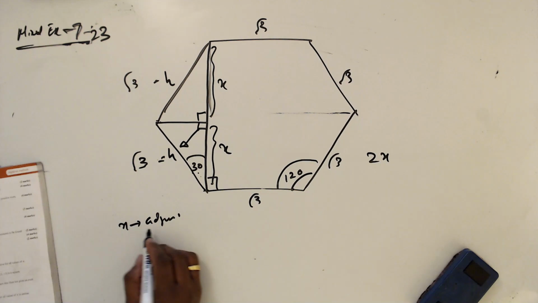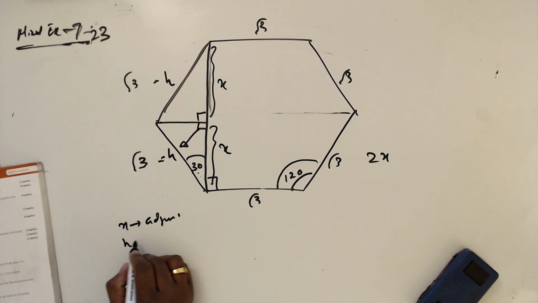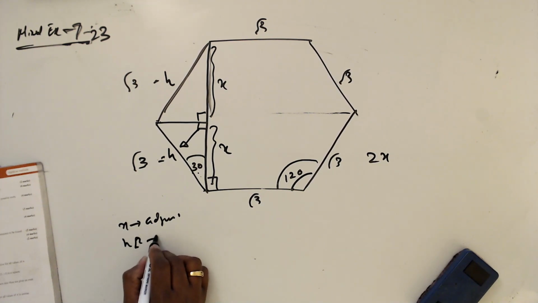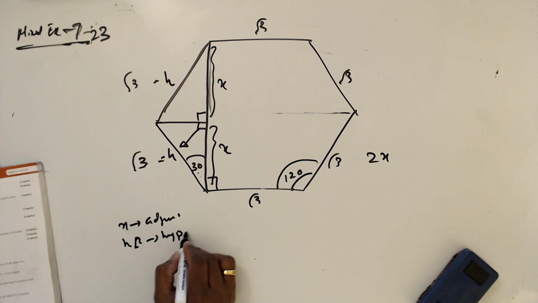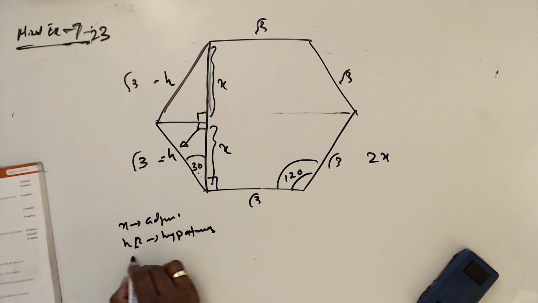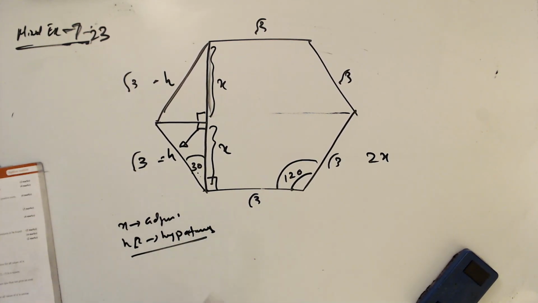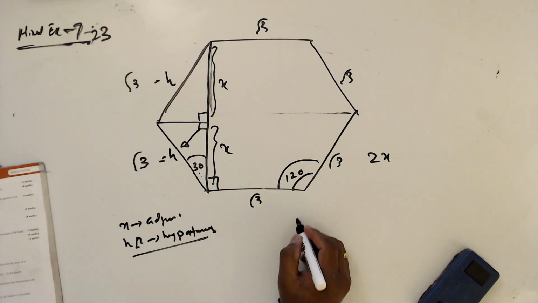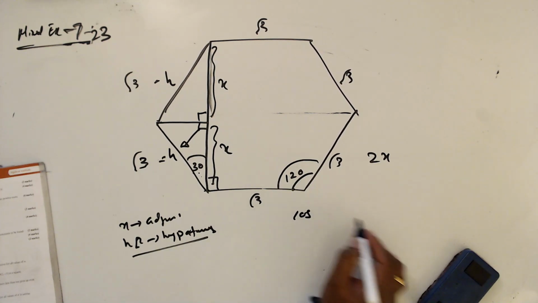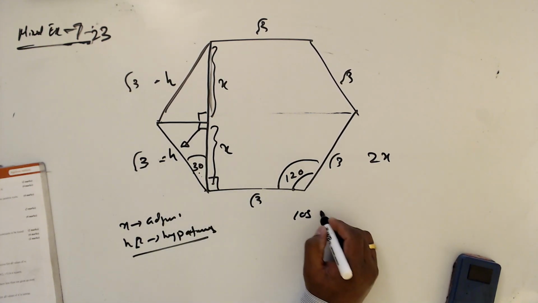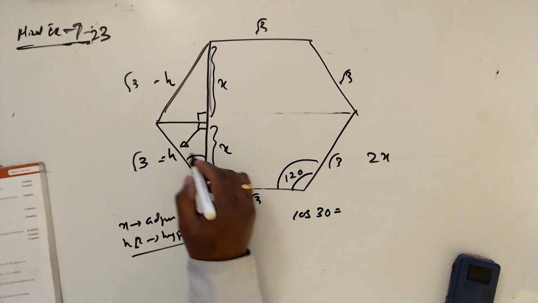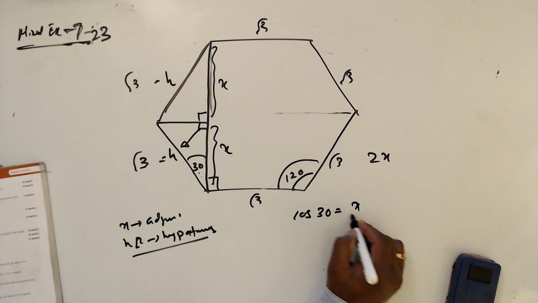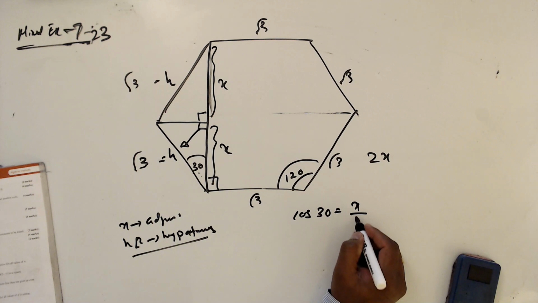So what ratio are you going to use? Adjacent and hypotenuse. That is the cos ratio. So cos 30 equals adjacent x divided by hypotenuse h.